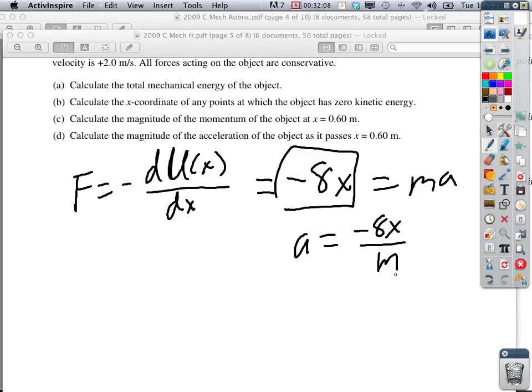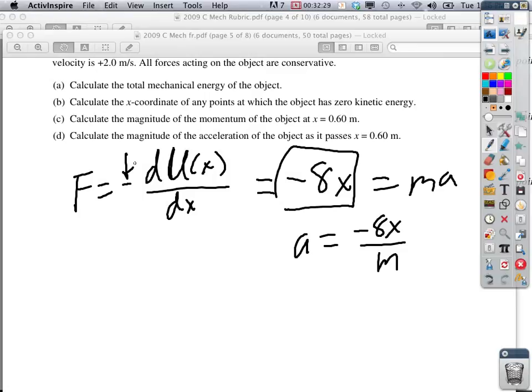Wait, does the negative matter? Yeah, the negative matters. It's significant.